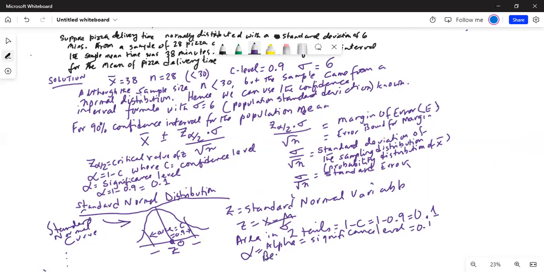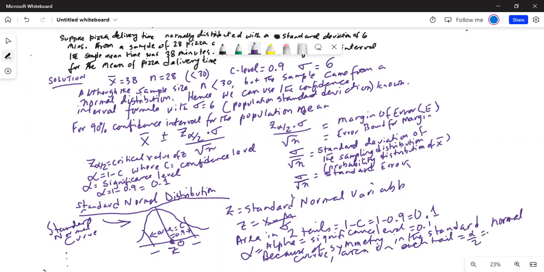Because of symmetry in the standard normal curve, the left half is equal to the right half. In the standard normal curve, area in each tail is alpha by 2.